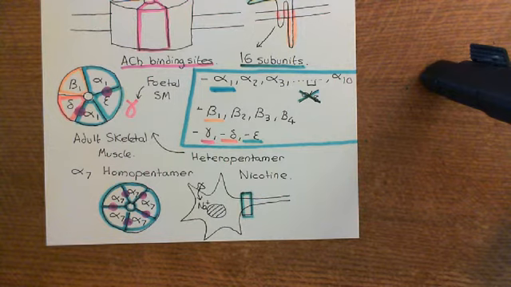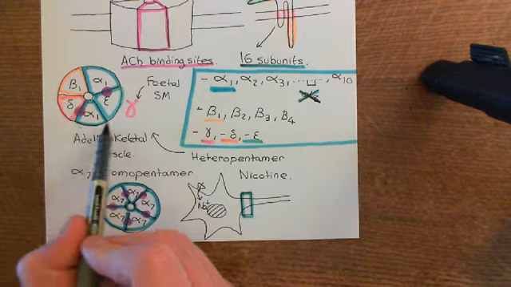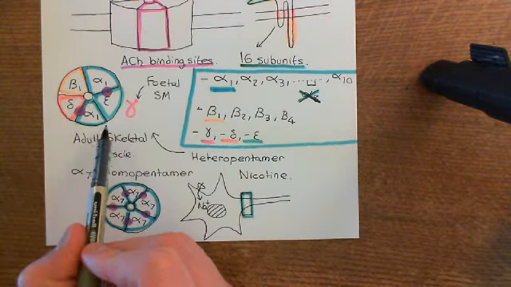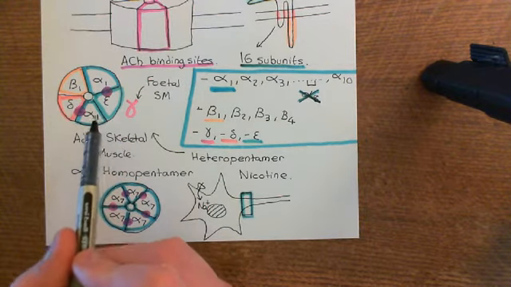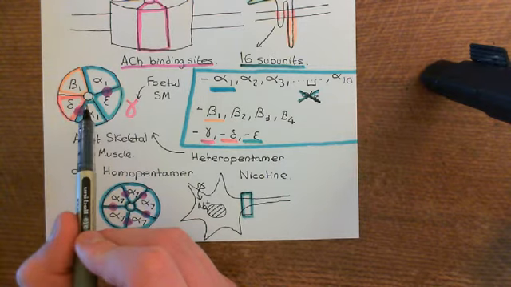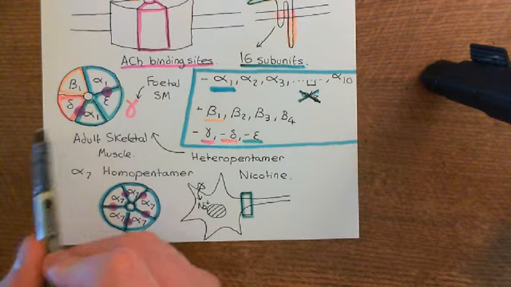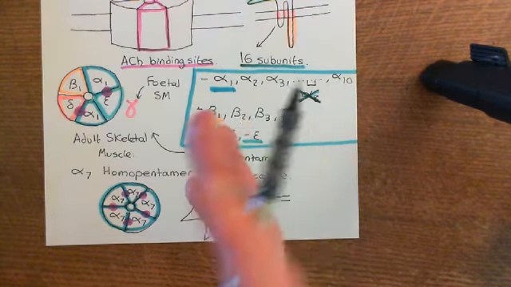Now, one little point that I would like to stress is that nicotine is not an agonist at all nicotinic acetylcholine receptors. Specifically, thank God, it is not an agonist at the skeletal muscle form of nicotinic acetylcholine receptor. This form is all over your skeletal muscle cells, and when it's activated by acetylcholine, it allows sodium ions into the skeletal muscle cells, and that causes the skeletal muscle cells to contract through a lot of other steps as well, of course.